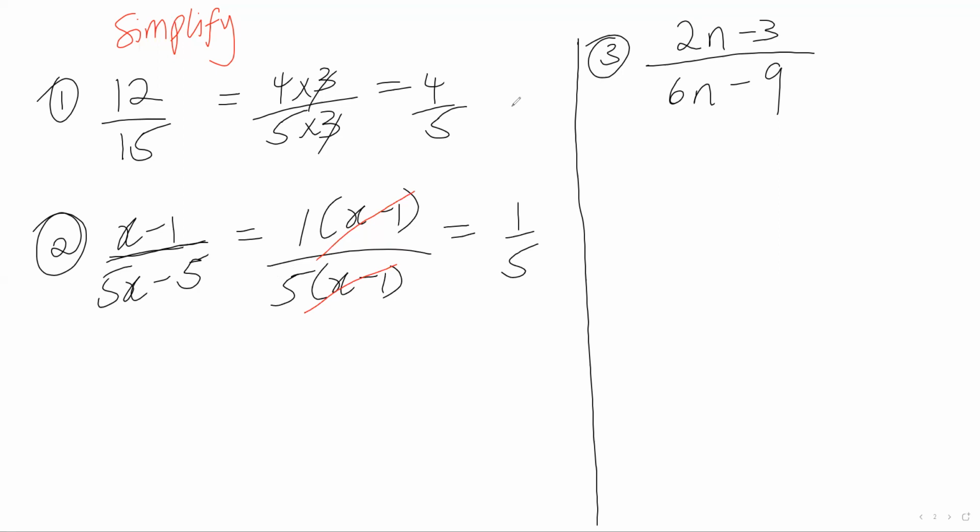Now let's take question number 3. I want to use a different color. So question number 3, when we look at question number 3, the numerator, the common factor is 1. So you can bring 1 outside. 2n minus 3. When you look at the denominator, the common factor is 3.